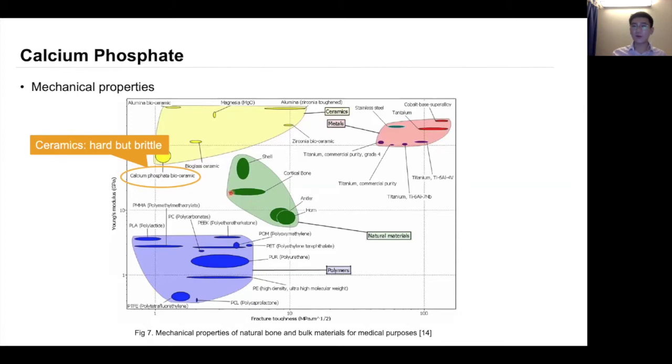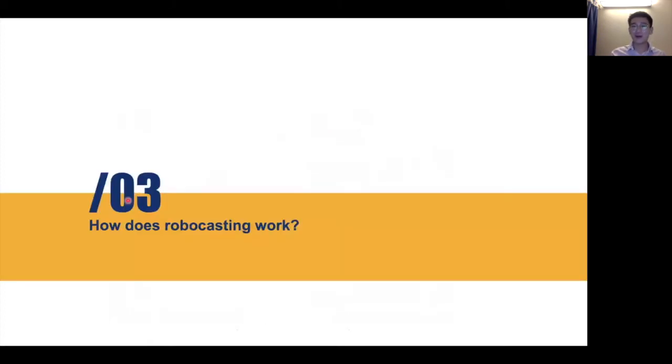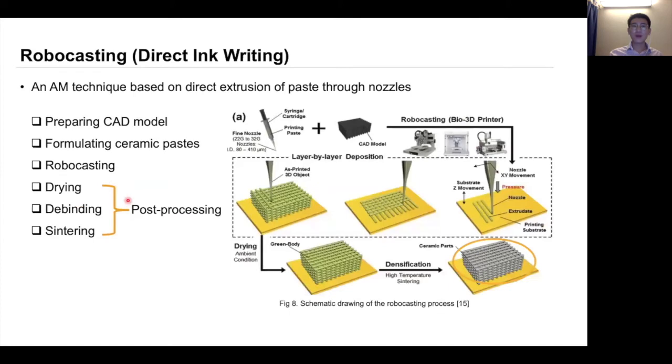But just be reminded that the mechanical performance of the scaffold is not only dependent on the material, but also on the structure and the process. So this is where we also take a look at the manufacturing process, in this case, robocasting. In a nutshell, robocasting, sometimes referred to as direct ink writing, is an additive manufacturing technique based on the direct extrusion of a certain paste through a nozzle.